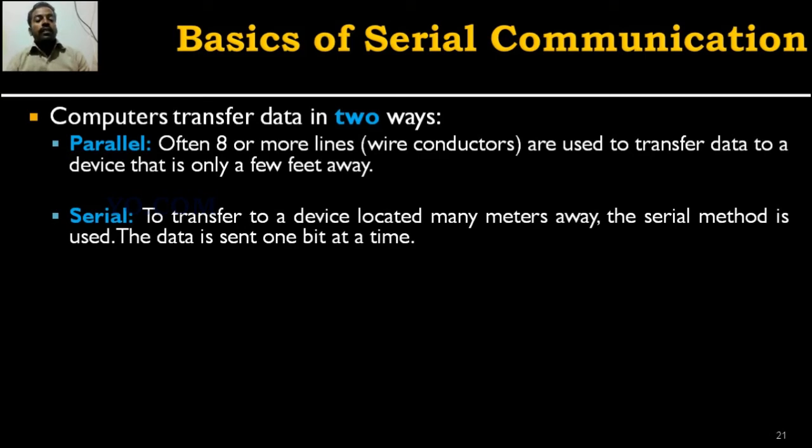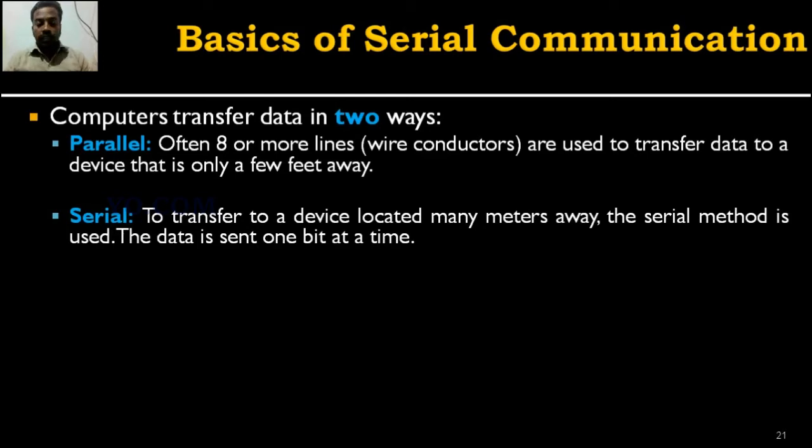Another one is serial communication. To transfer data to a device located many meters away, the serial method is used. If you want to transmit data over a long distance, we use the serial port or serial communication method, because it saves cost. The data is sent one bit at a time.